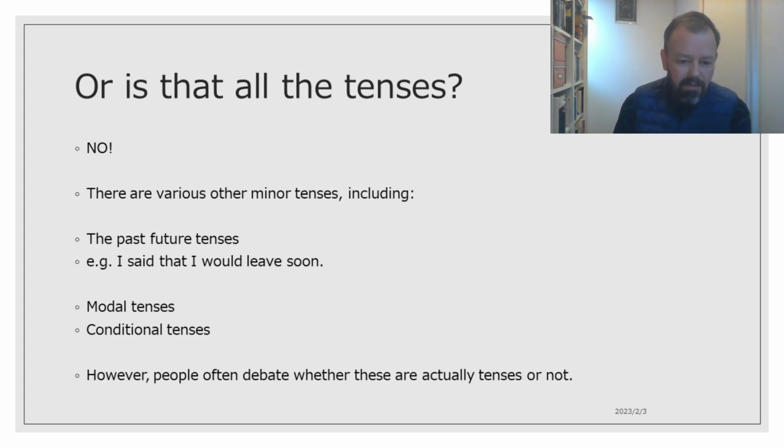Other people say that there are modal tenses and conditional tenses and subjunctive tenses, various other things. But I'm not going to go into those today, especially because nobody can actually decide if they are really tenses or if they are just voices using other tenses. So maybe that's a topic for another video sometime.